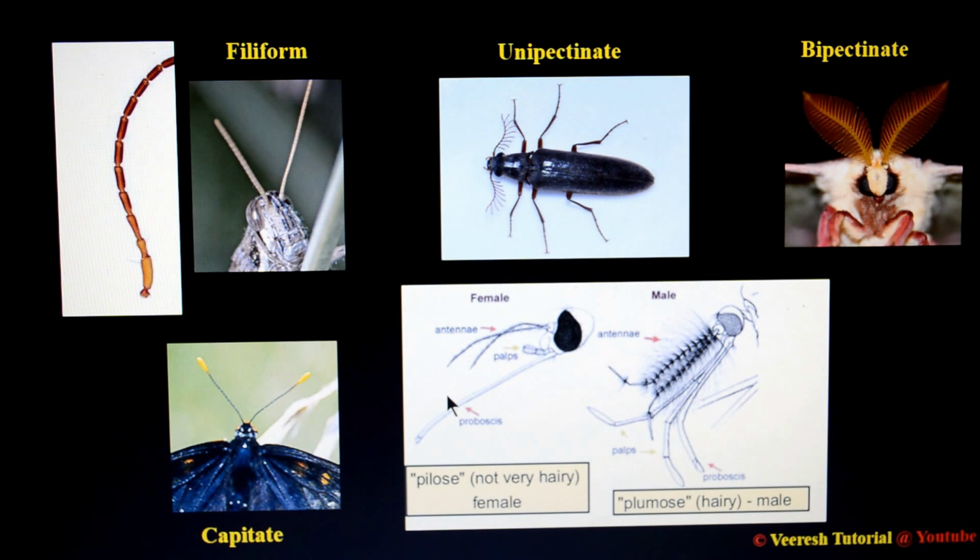But the pilose type of antenna, that is in female mosquitoes, has very few hairs at the constrictions or at the junction of the pedicel segments. So here you can see more hairs at the junction in the plumose type, but very few hairs at the junction in the pilose type of antenna.